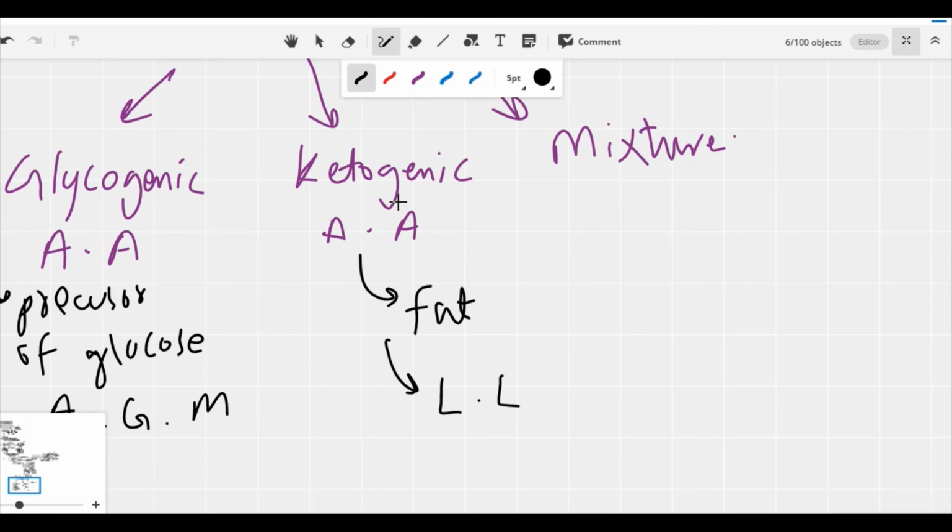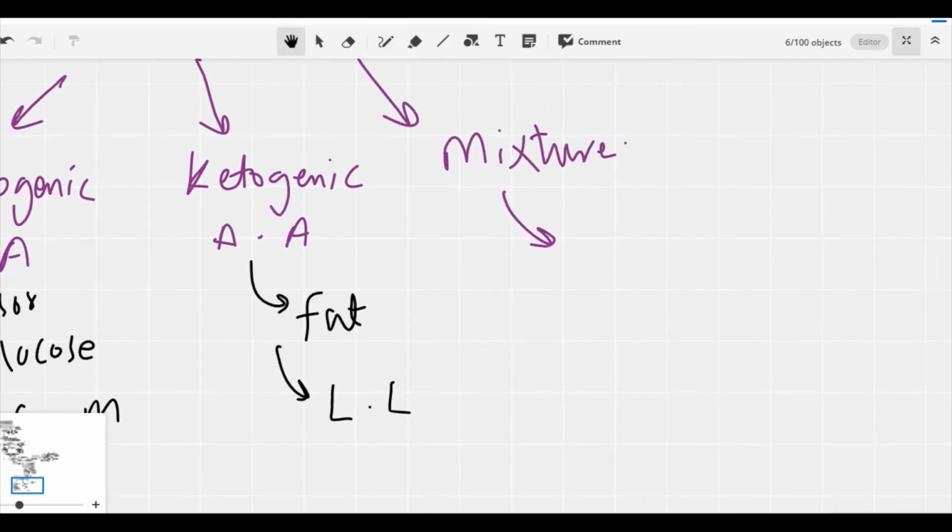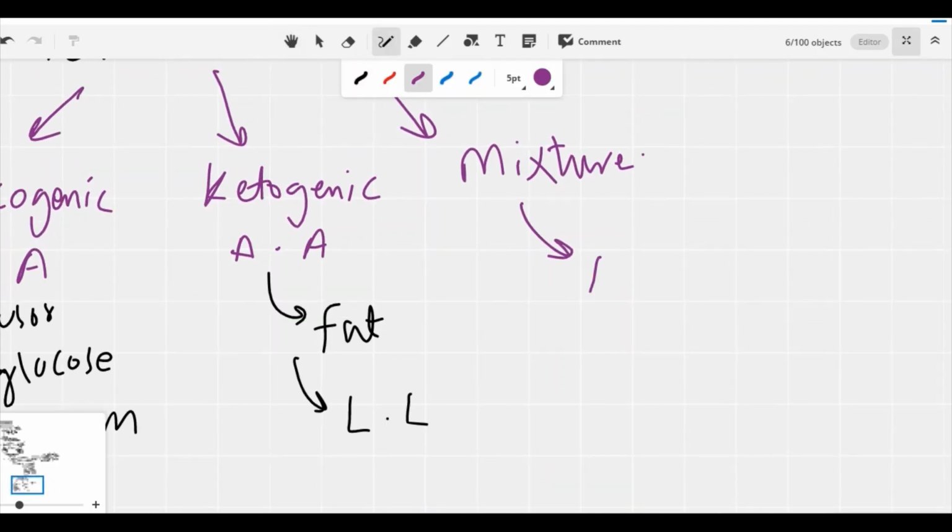Okay, while the other group is a mixture, both glycogenic and ketogenic. These are alanine, tryptophan, tyrosine, and the fourth one, isoleucine.